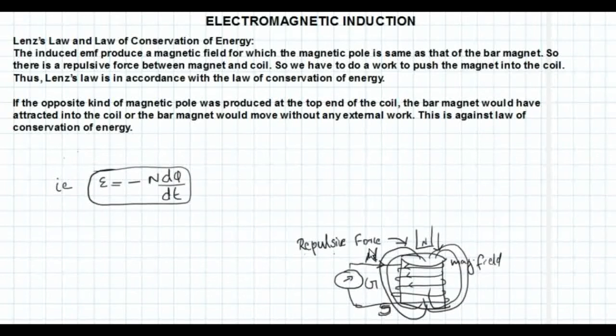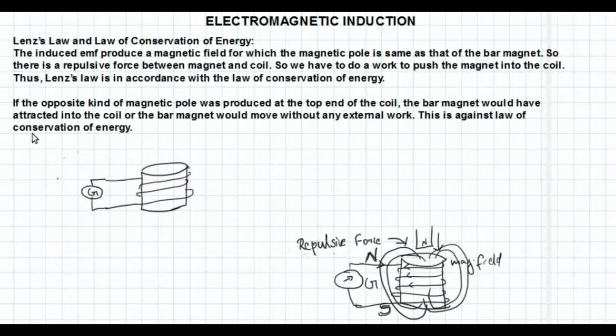That means if the magnetic pole produced here was south pole, there will be an attractive force between north and south. And then without doing any work, the bar magnet will go into the coil, which is against the law of conservation of energy. So we may show it here.